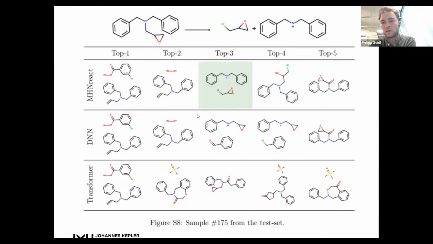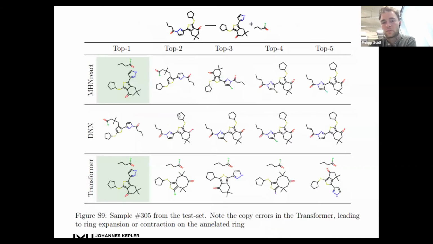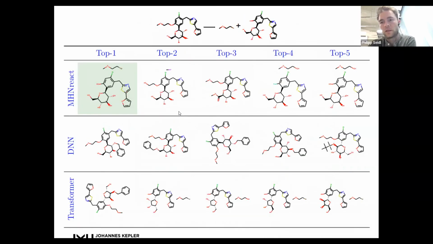A SMILES string is not unique, except if it's canonical SMILES. But what you usually do is take the SMILES, which is a linearization of this molecular graph, and there are multiple linearizations. And what you can do is train it with those multiple linearizations.